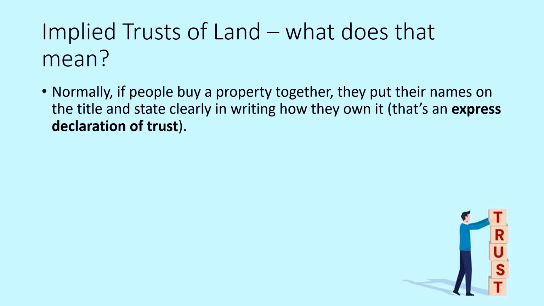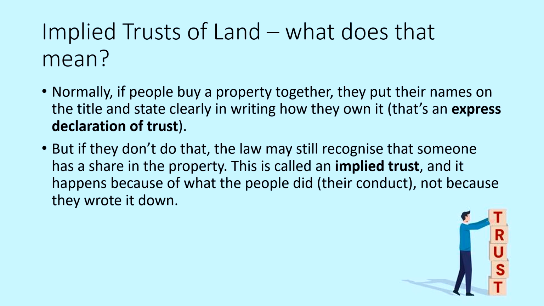Okay, that obviously is a kind of self-explanatory term. The contrast, and what an implied trust is, is if things are a bit more vague, there's no clear definitions, no clear statements in the contracts or title deeds or anything.